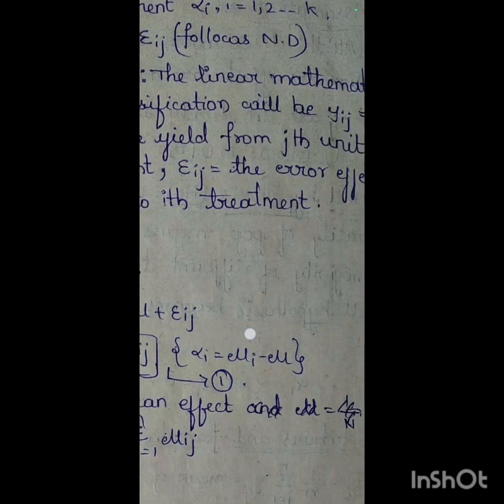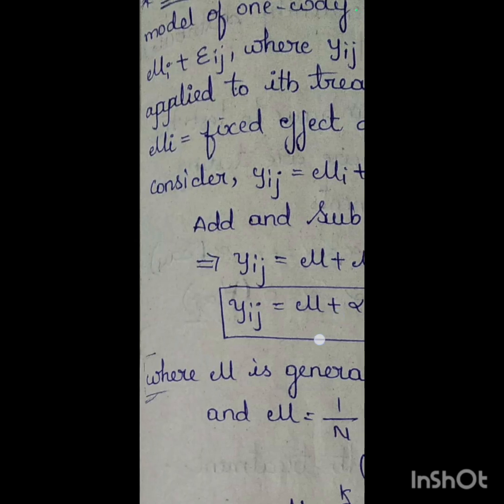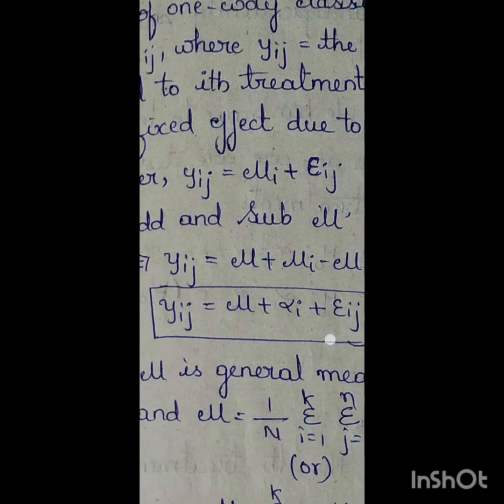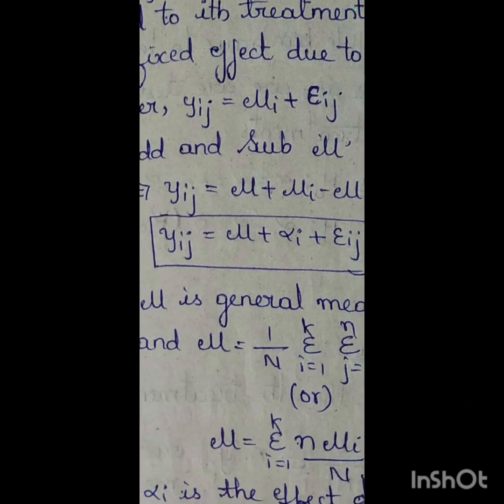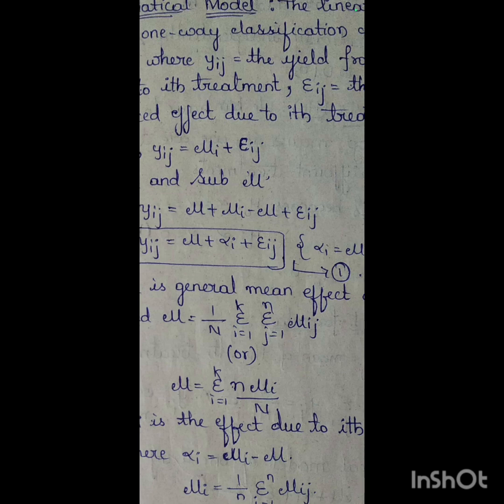Consider the model yij equals mu i plus epsilon ij, and add and subtract mu. So yij equals mu plus (mu i minus mu) plus epsilon ij.